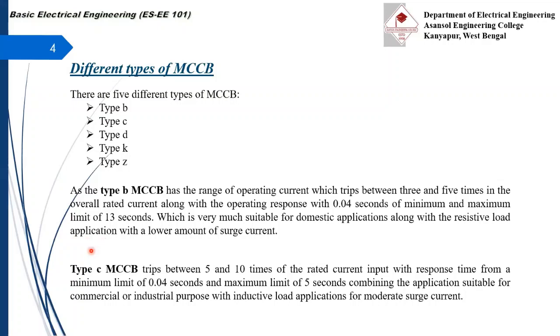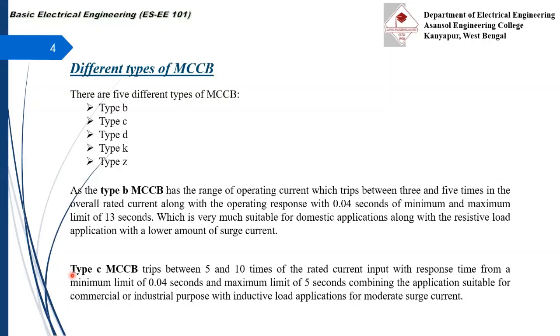So you can see that in MCB, whatever the rating was, the response is from 0.04 second to 13 second. That is the same for MCCB, and its tripping current is 3 to 5 times of its overall rated current, right? Next is type C MCCB.